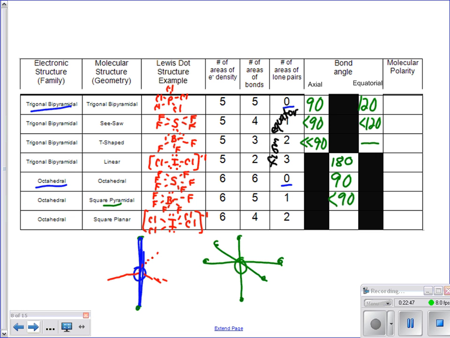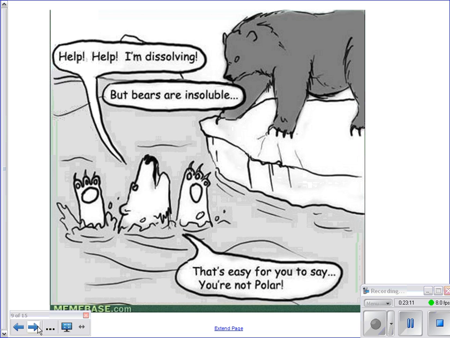It's all flat. So I've got a square planar shape, which is what we see right here. And because I have a lone pair of electrons on each side, they are repelling equally. So what do you think you say about your bond angle again? 90. It's just 90. Okay, awesome. So hopefully at home you can figure out, maybe Google some things if you need to. I'm going to keep moving on.